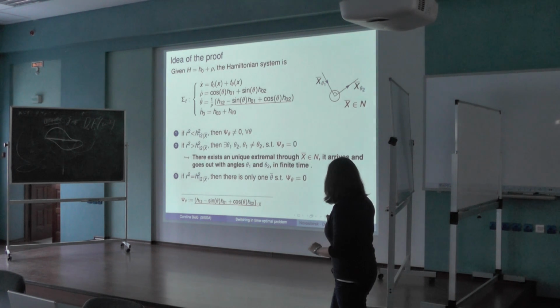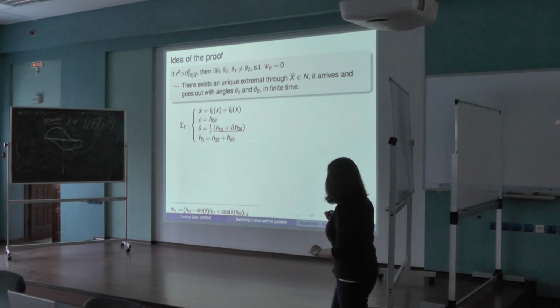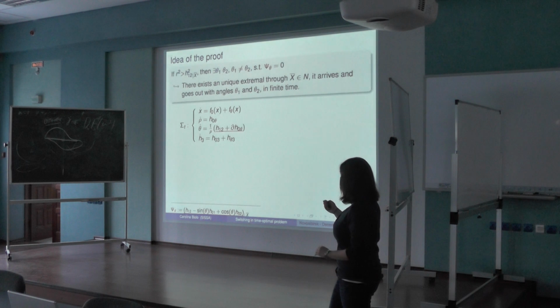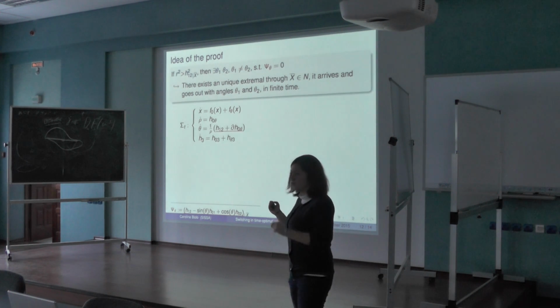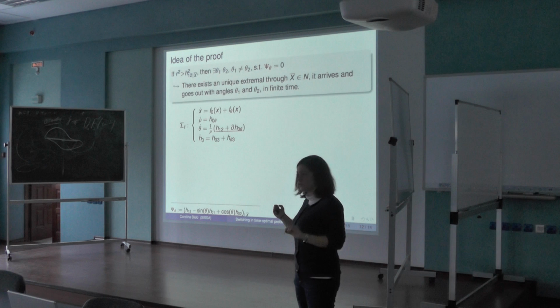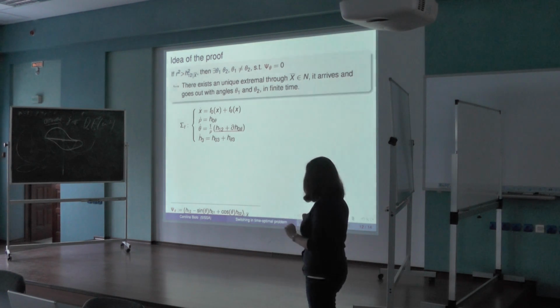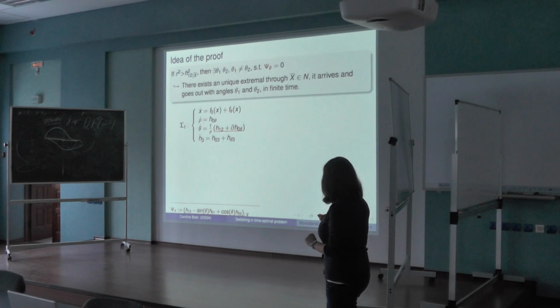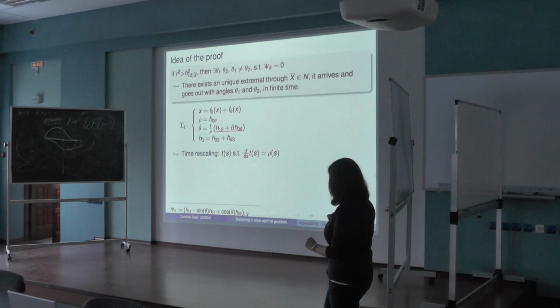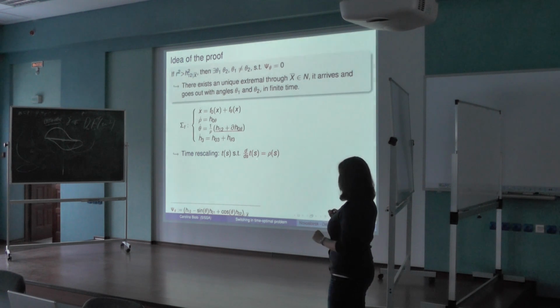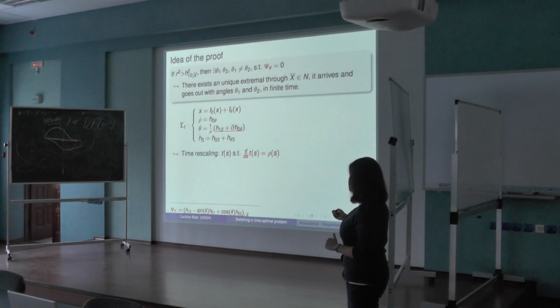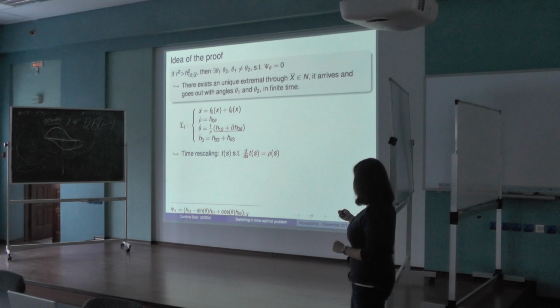I just want now to stress how we study this case in which we found an extremal that passes through the singular locus, and what we did was scale the time. We no longer use the time t but the time s, such that the derivative of t with respect to s is rho.